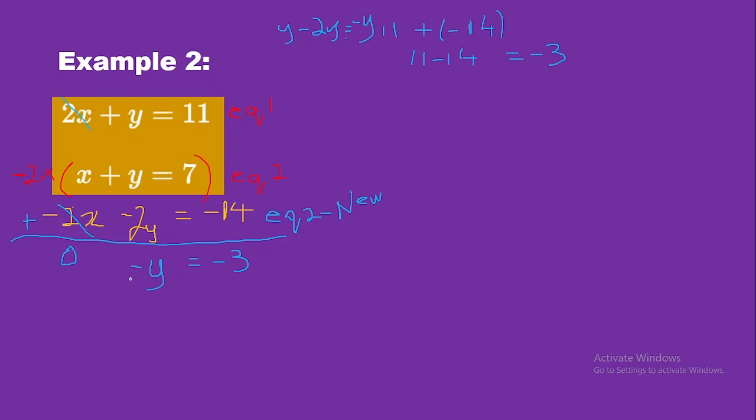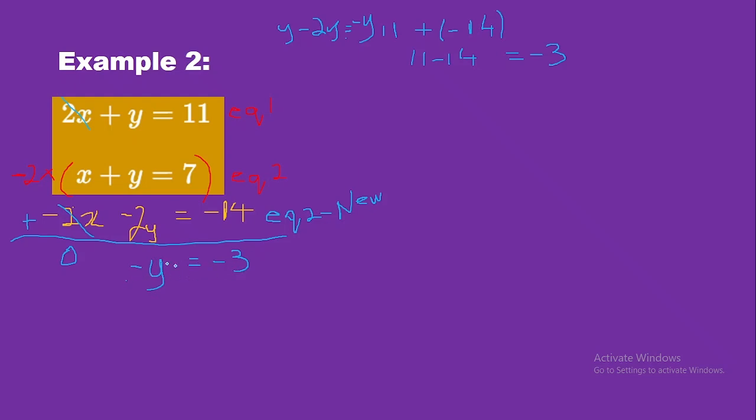All right. So since my y is equal to negative 3, how can we get a positive number right here?